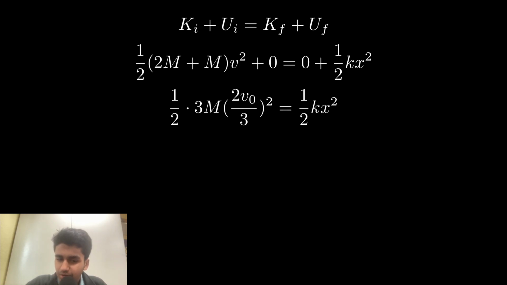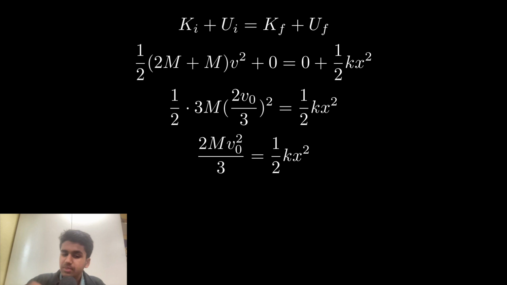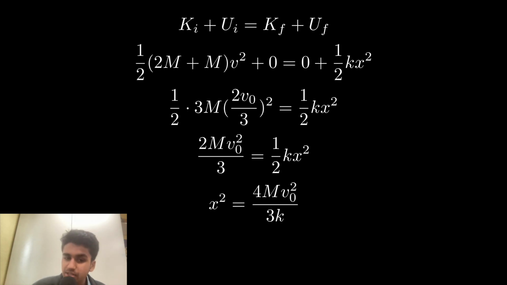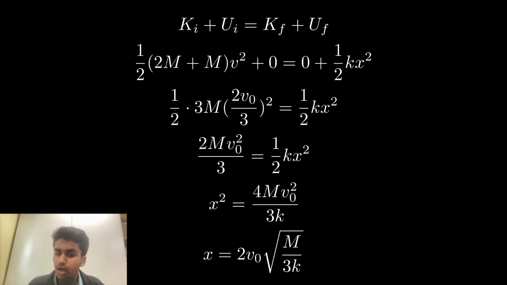And then we can simplify to get 2m v0 squared over 3 equals 1/2 kx squared. We multiply both sides by 2 and divide by the spring constant k to find that x squared equals 4m v0 squared over 3k. Now we take the square root of both sides to get that x equals 2v0 times the square root of m over 3k.